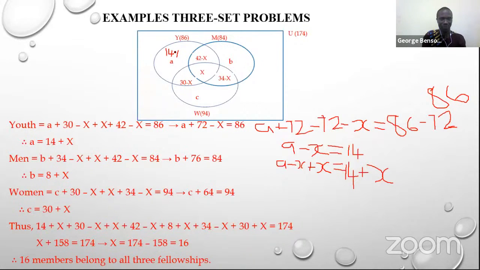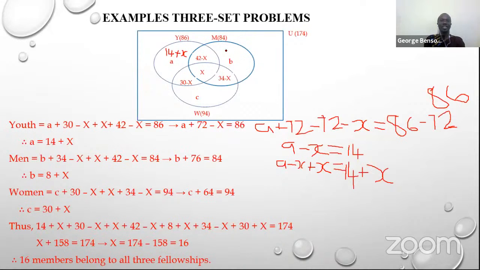Now, in the exam, you can use pencil to write 14 plus x because it's not part of your Venn diagram. But then the same will apply to the main fellowship. So you use the same analogy.